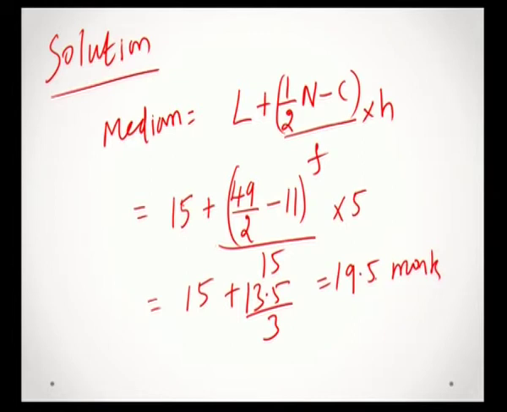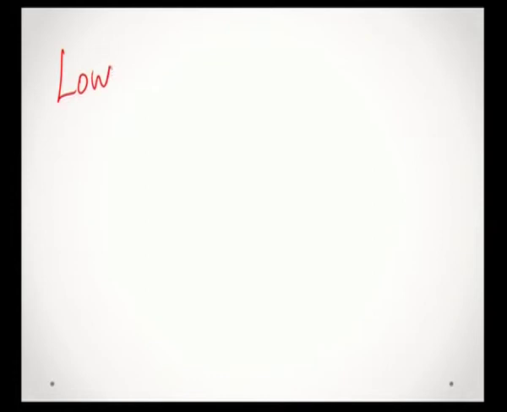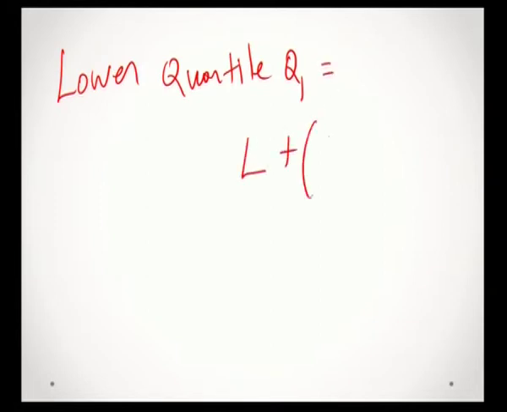Then the lower quartile. This lower quartile is denoted as Q1, which is equal to L plus (1 by 4 into n minus C) over F into H. This is the formula to calculate the lower quartile. Now substitute the values.